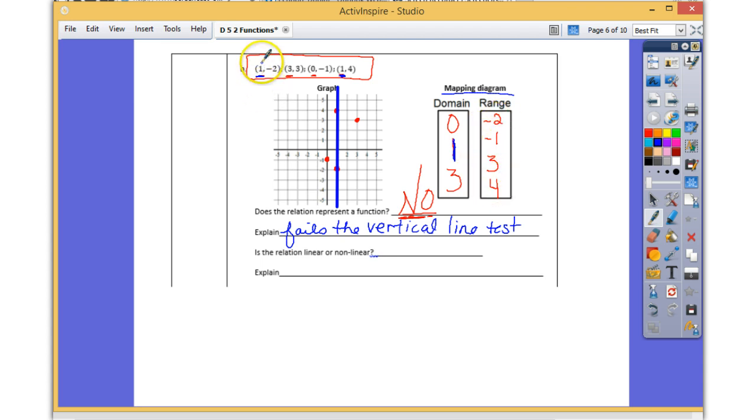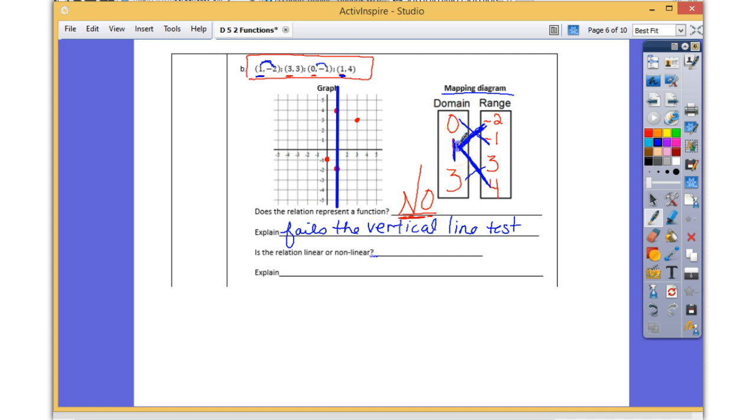Now let's draw each to its matching one. 3 to a 1 to a -2. That goes here. 3 to a 3. 0 to a 1. -1. And then 1 to 4. So notice, this has a repeat, doesn't it?